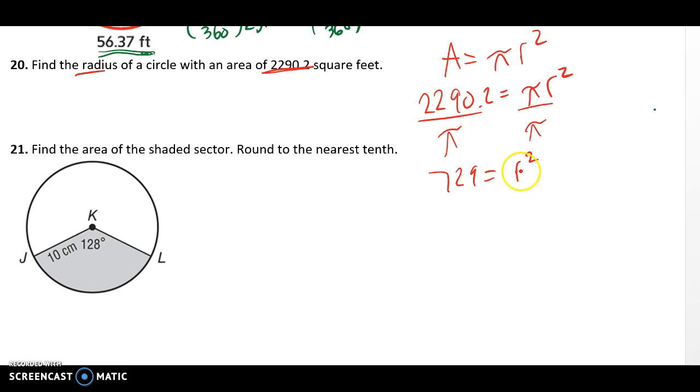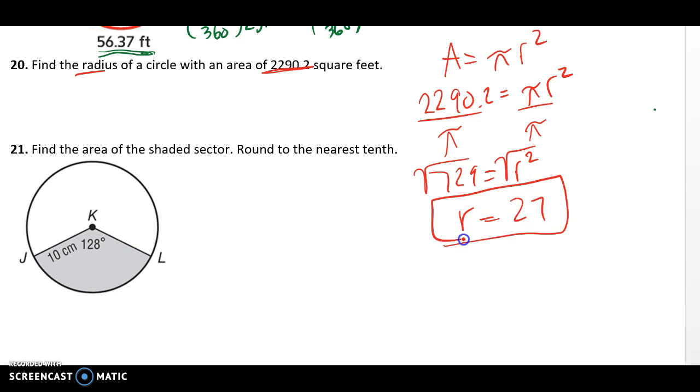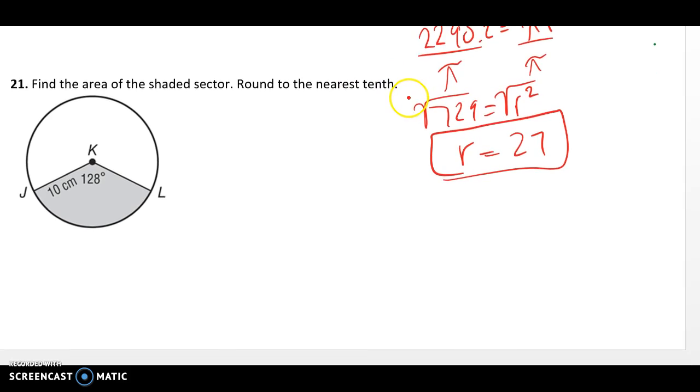And then our last step, we got our r being squared, so we have to do the opposite. We have to take the square root of each side. And we'll find that the radius equals 27. All right, so not too bad. Straightforward stuff. Given the area, we should be able to find the radius using the equation. No problem.